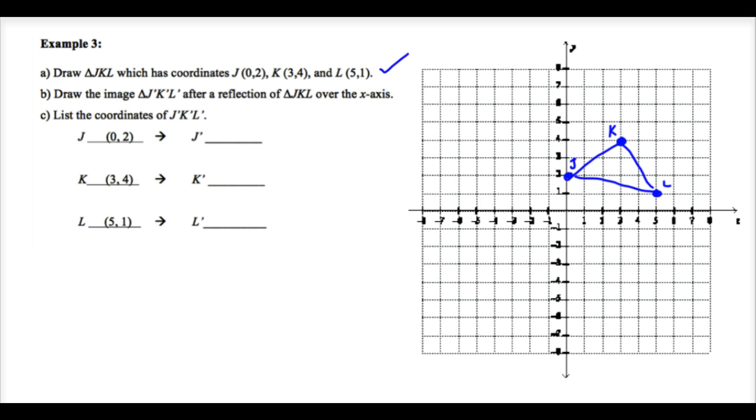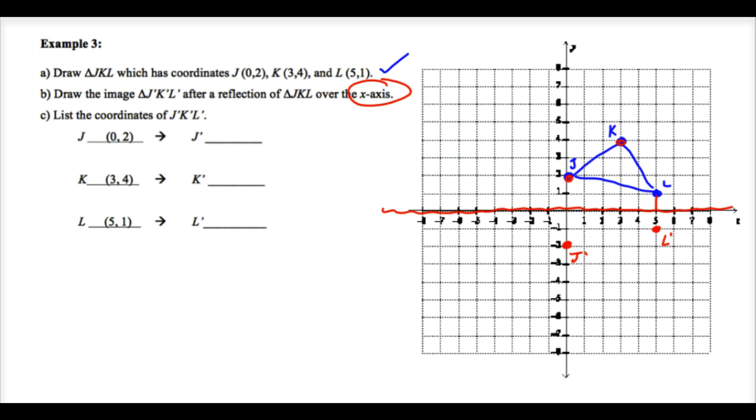Second part, draw J prime, K prime, L prime after a reflection over the x-axis. Let's go and label the x-axis, our line of reflection. We're going to count our points. L was 1 spot away, so there's my new L. J was 2 spots away, so there's my new J. And K was 4 spots away.